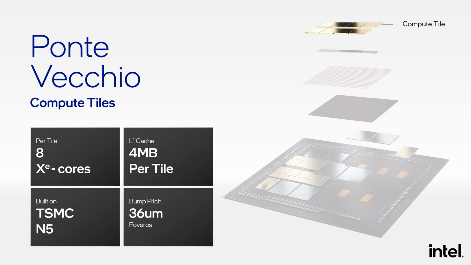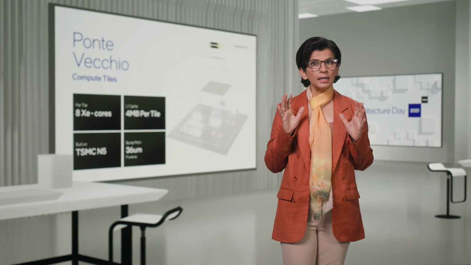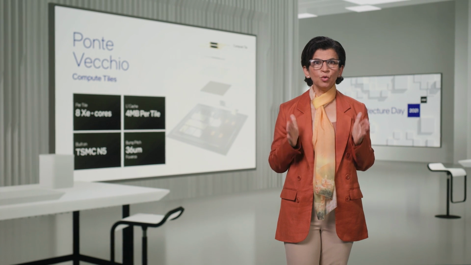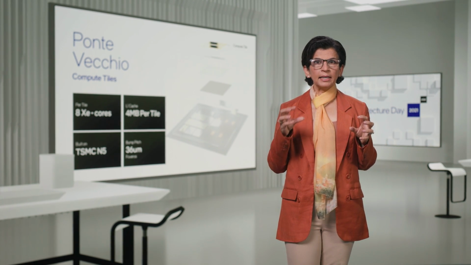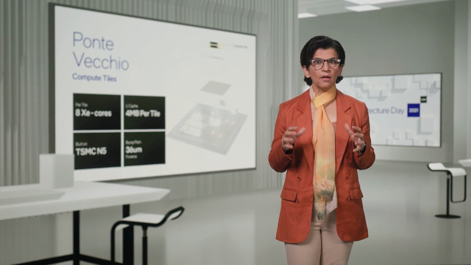It is built on the most advanced TSMC process technology called Node 5. We paved the way with the design infrastructure setup, tool flows, and methodology for this node at Intel. This tile has an extremely tight 36-micron bump pitch for 3D stacking with Foveros.